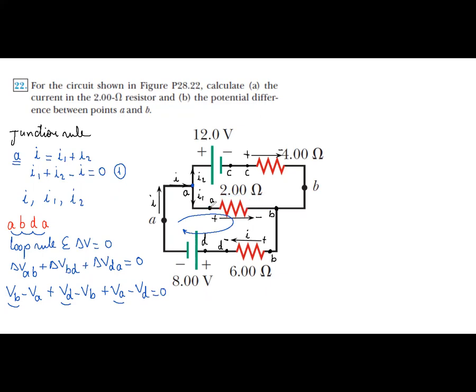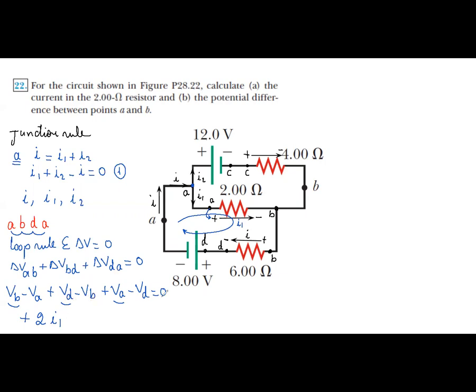A is at the positive side, so we put plus. What is the voltage at this resistance? It equals R times I. Here we have I1, so we have 2 I1.